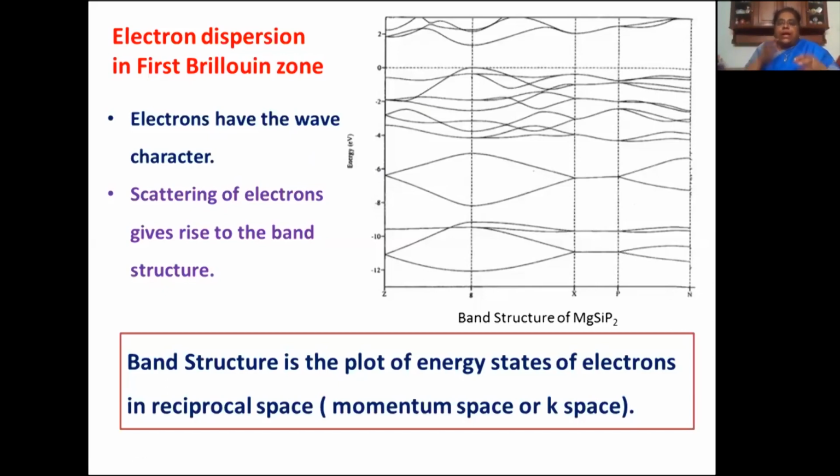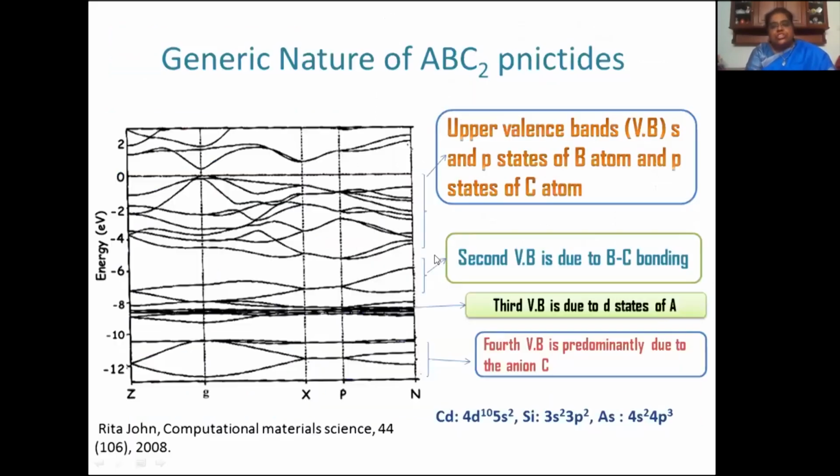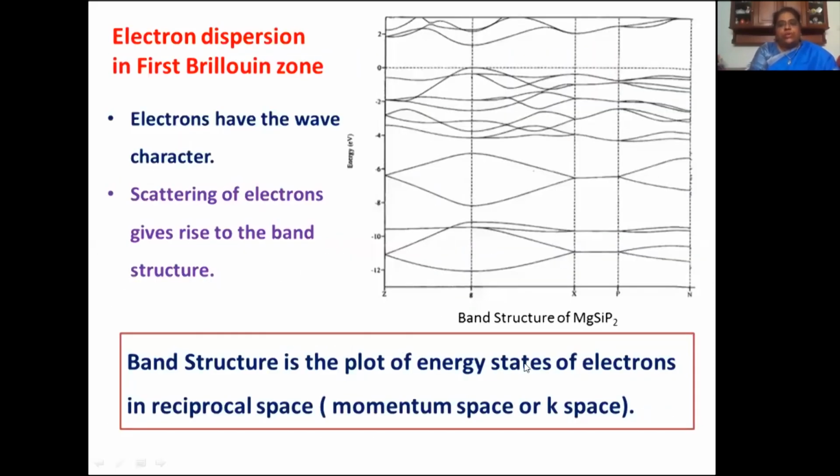It is happening in reciprocal space. So you just calculate their energies within the reciprocal space and draw that. What you get is the band structure, which is the plot of energy states of electrons in reciprocal space or momentum space, also known as k space.